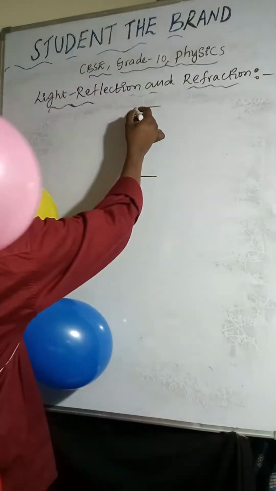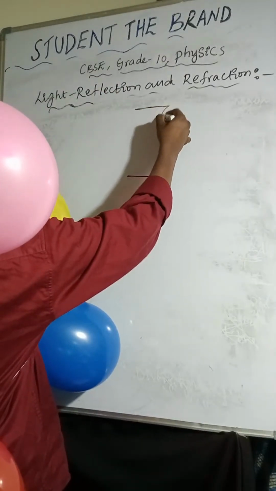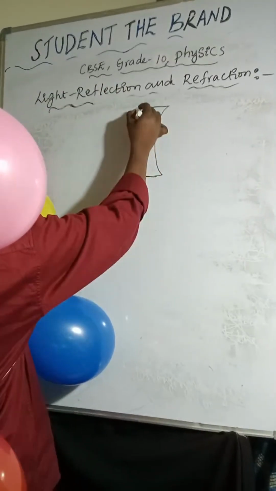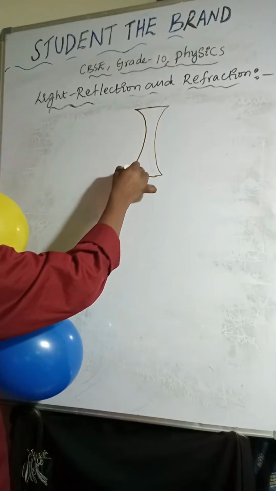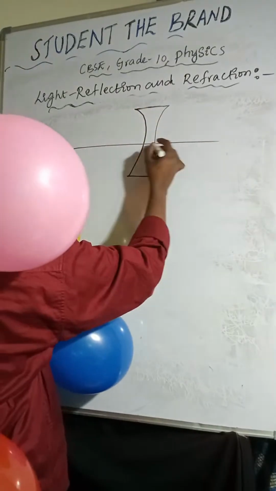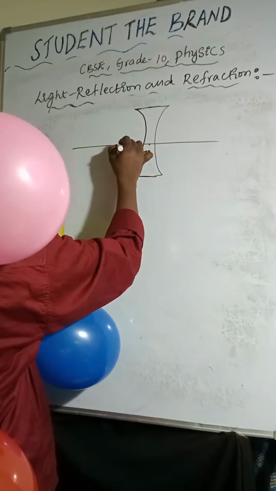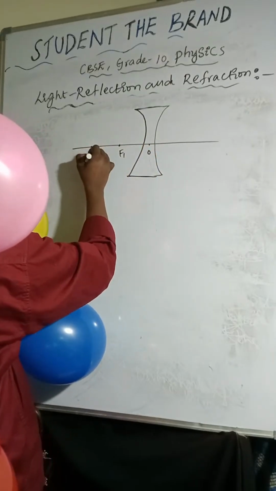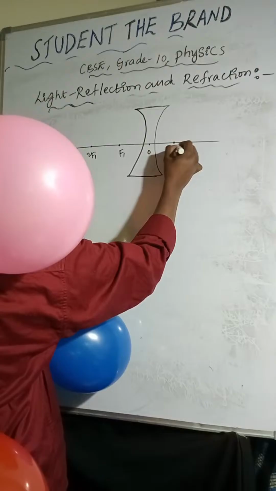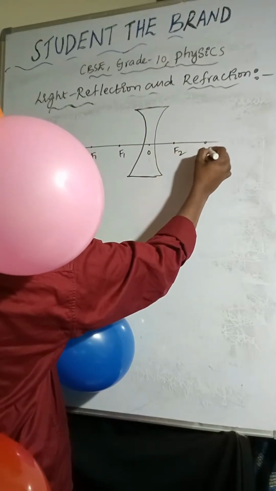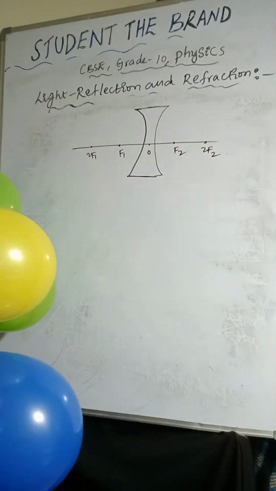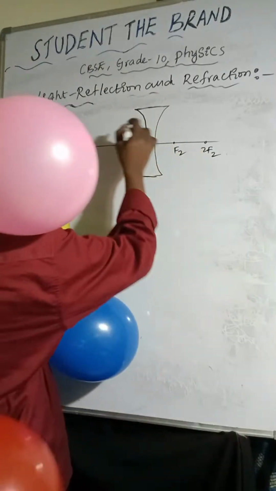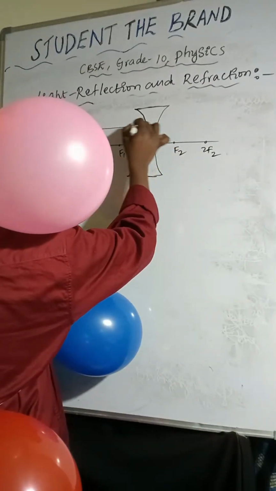So here I am considering like this. Optic center, F1, 2F1, F2, 2F2. The object is at infinity.